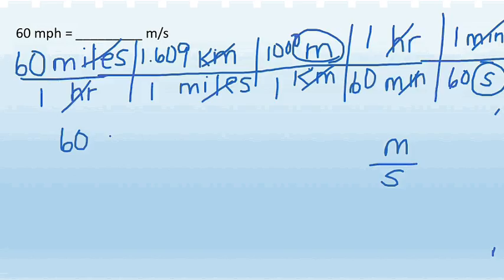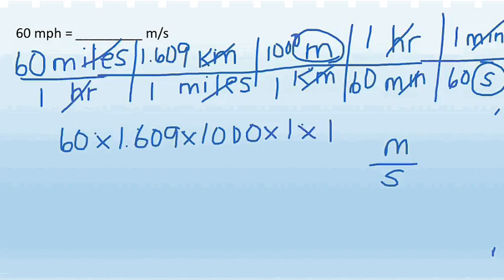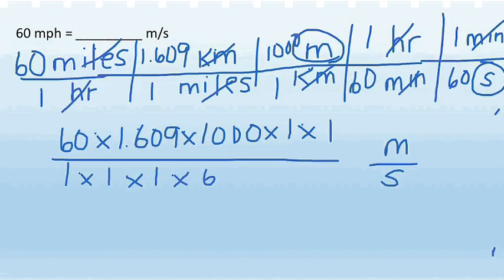So 60 times 1.609 times 1,000 times 1 times 1 all over 1 times 1 times 1 times 60 times 60.